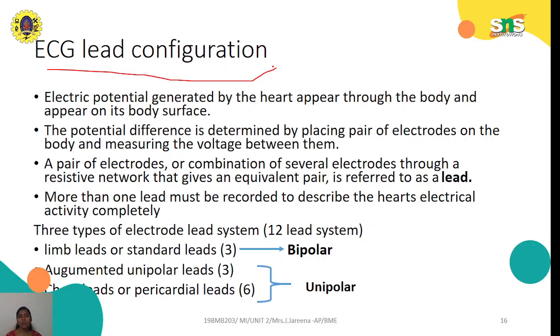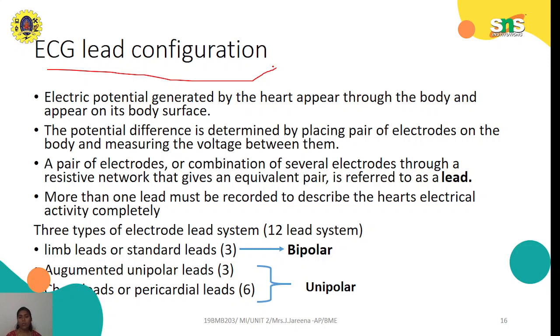In some cases you can use a combination of several pairs of electrodes, with the help of accessory networks like a resistive network, to measure this potential difference, which is the electric potential of the heart.